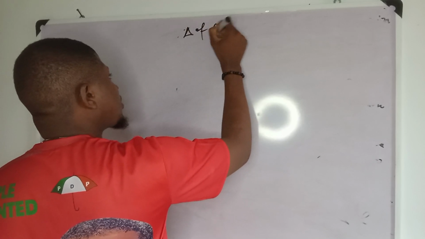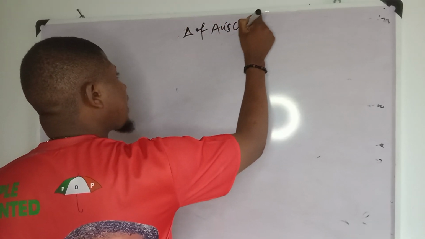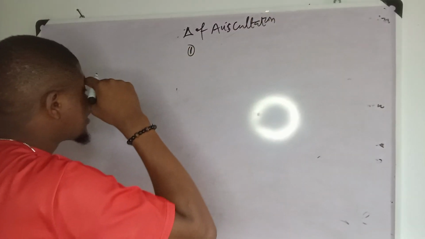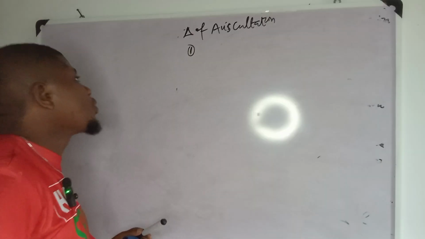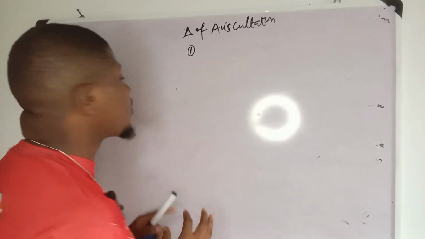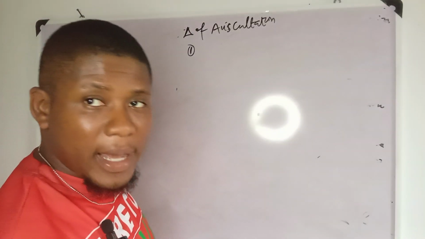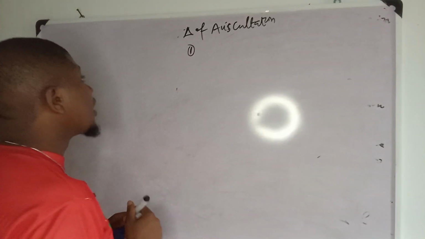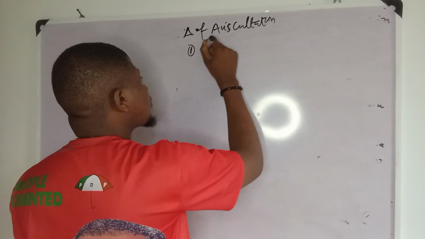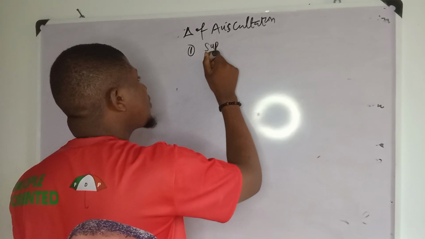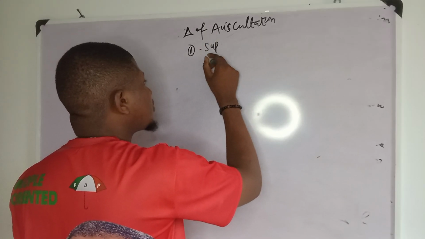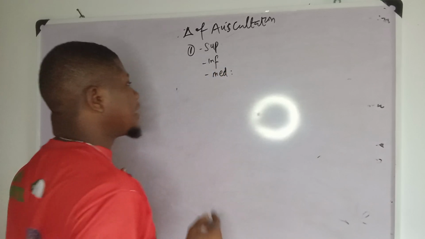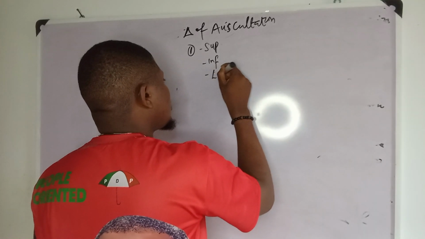So the triangle of auscultation. What do you have to know about it? First, it is located at the back. It has boundaries: superiorly, inferiorly, and laterally.